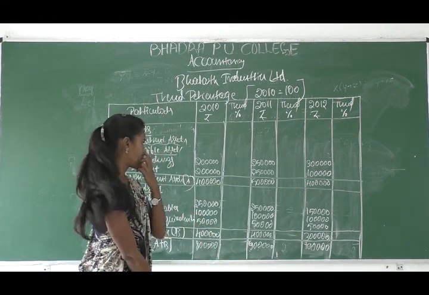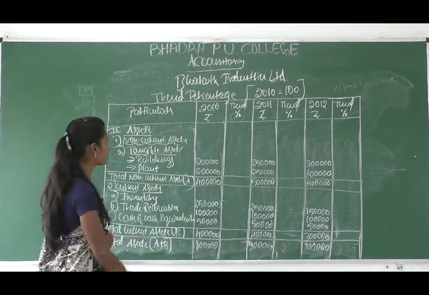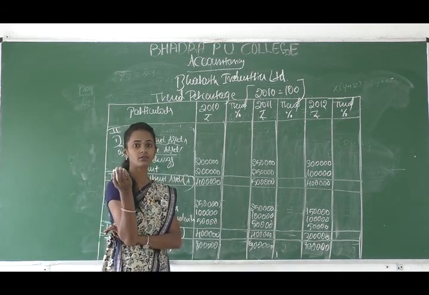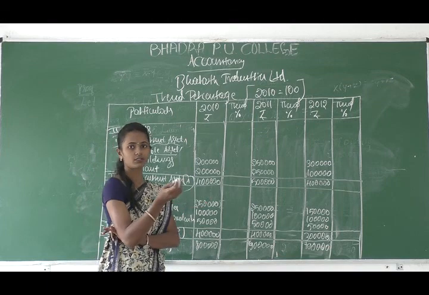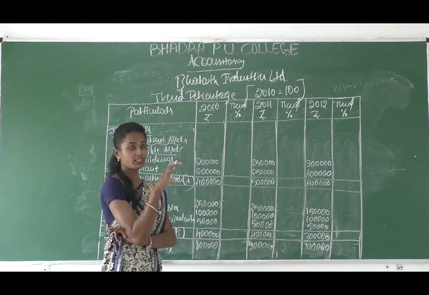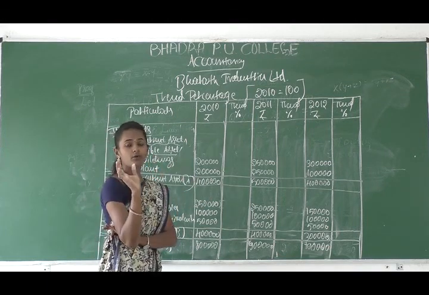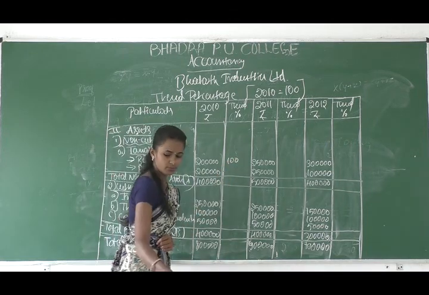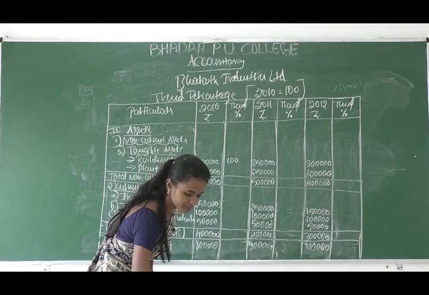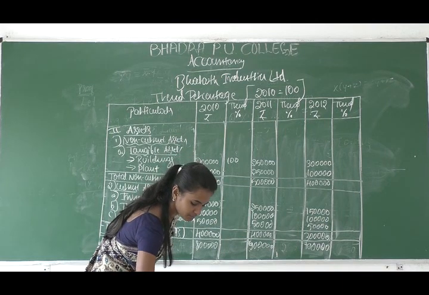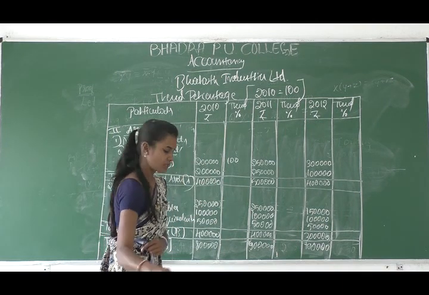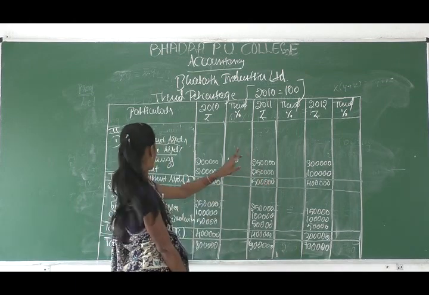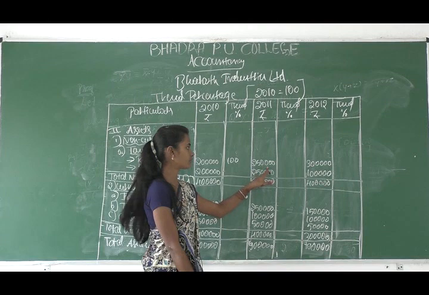Now coming to the percentage calculation, that is for S Bunny Buildings. 2010 is our base year, so in 2010, for each item we will always get 100%. Here it's 100%. In 2011 our buildings amount is 2,50,000.